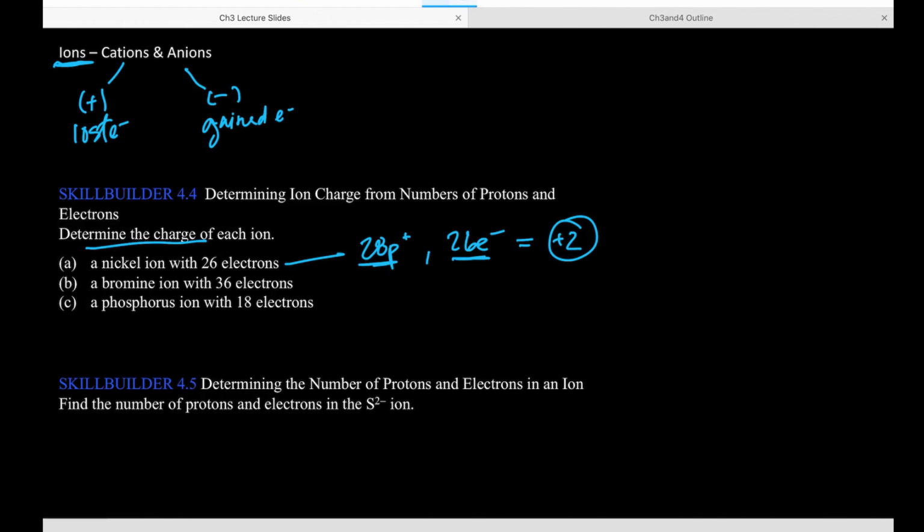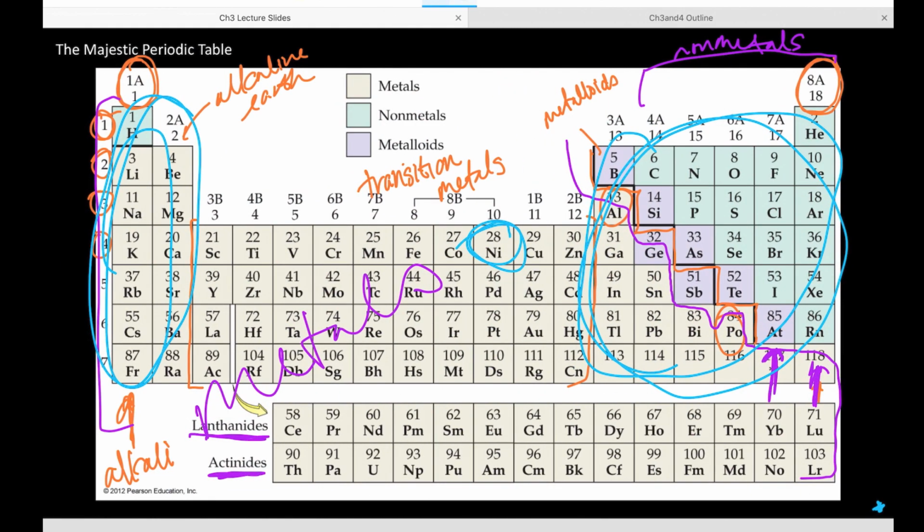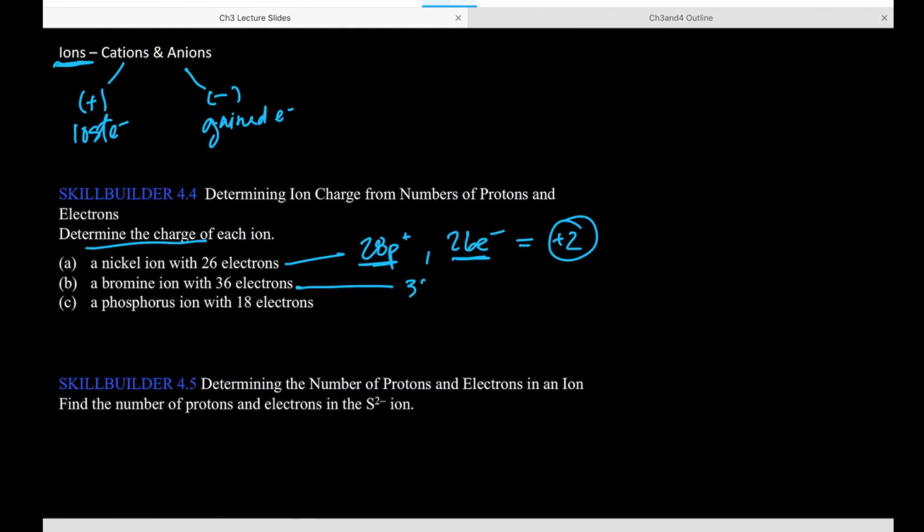All right, so a bromine ion with 36 electrons. So let's go find bromine. Bromine has 35, so 35 protons and 36 electrons. So it's like saying we have plus 35 minus 36 gives us -1.